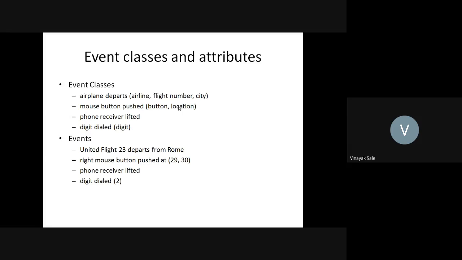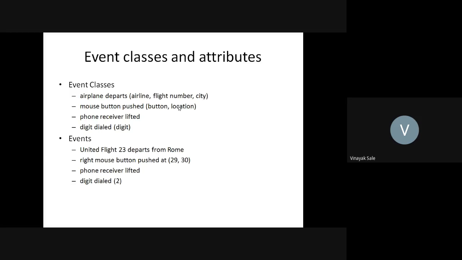So airline is United, flight number is 23, and the city is departs from Rome. In the case of mouse button pushed, with button and location: the right mouse button pushed at location 30.